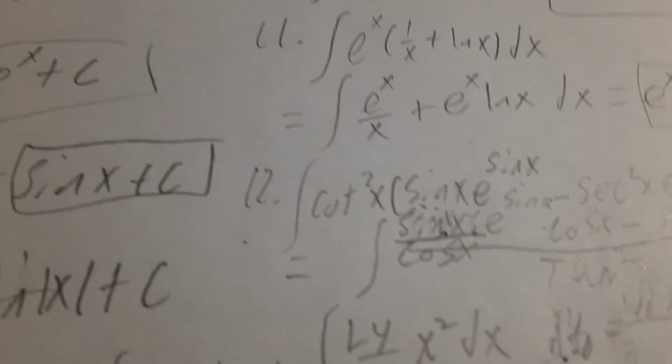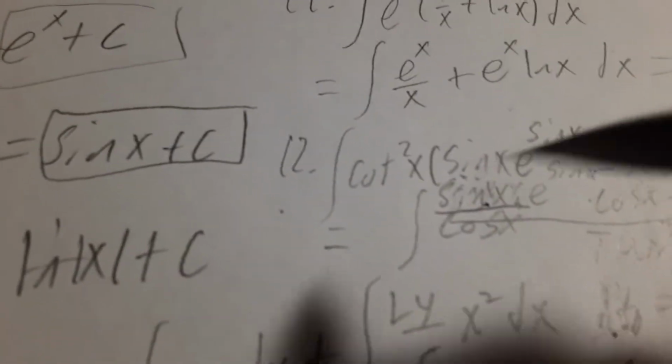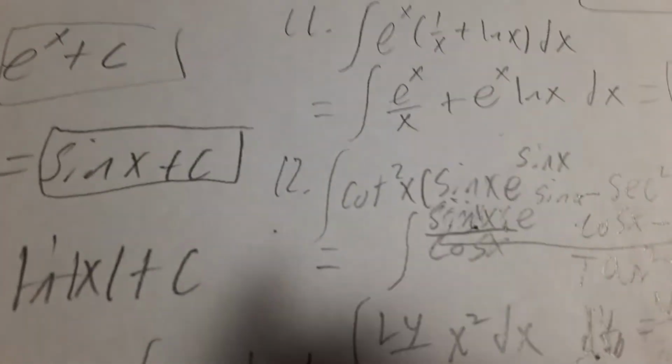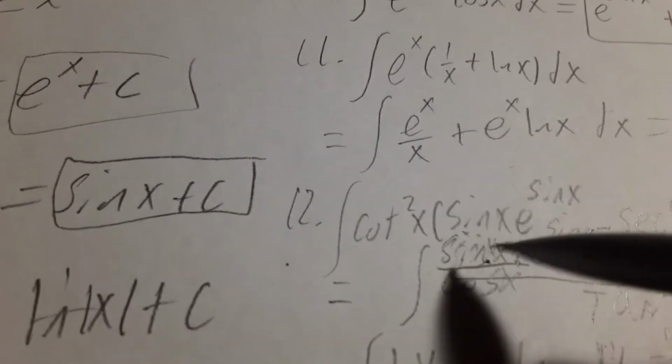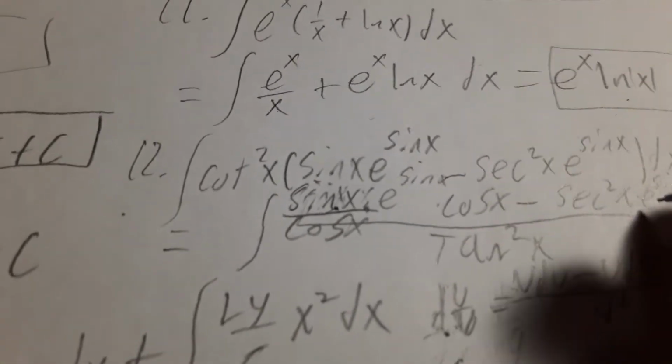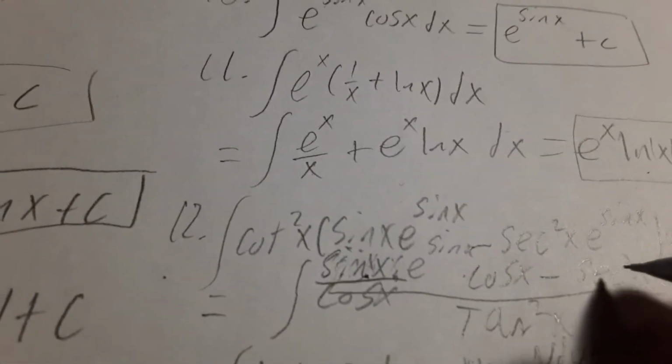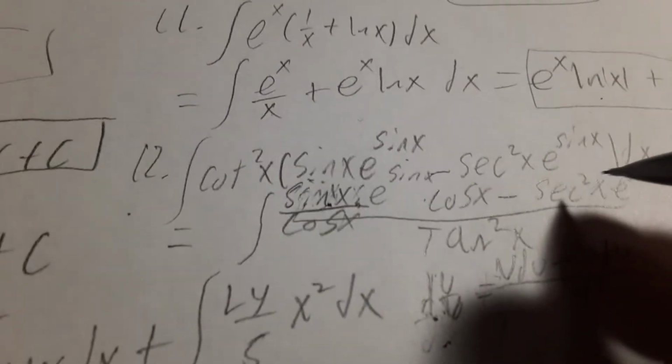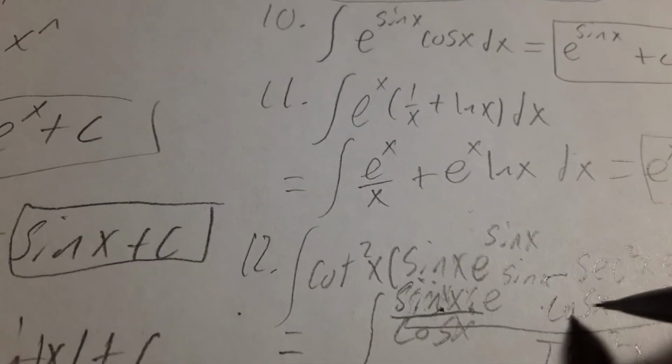And the reason for that is that this becomes tan x. So we have the low and the d high. Well, our high, we can guess sort of that it's e to the sine x because this is our d low right here, secant squared x. So that means e to the sine x cosine x, which we saw from earlier.